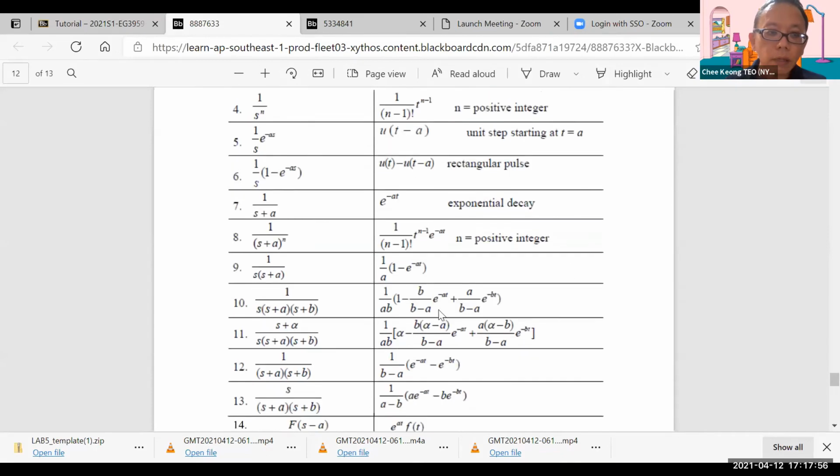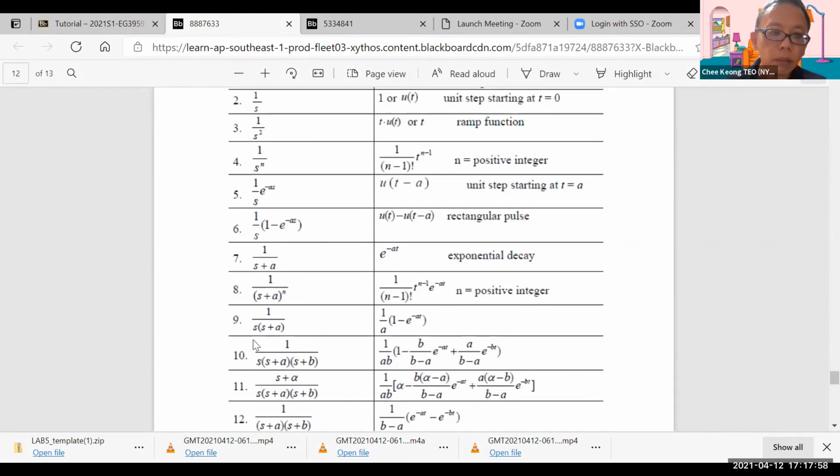Now, if you look at it, our expression is of this form, 1 over s times s plus a. If you plug in and rewrite it in terms of a, as 1 minus e to the power minus at, then you should be able to get the expression. So now let's substitute using this equation.